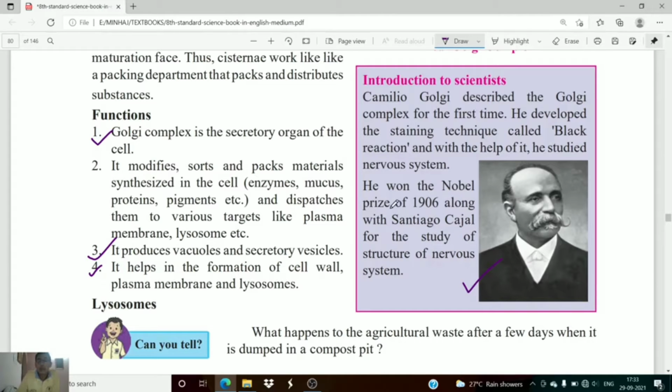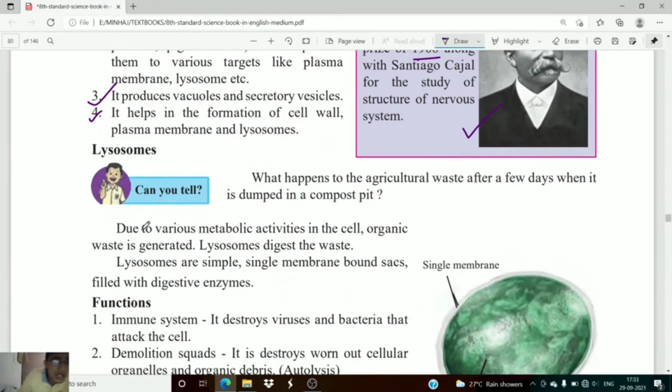He won the Nobel Prize of 1906 along with Santiago Cajal for the study of structure of the nervous system. So for his studies in the field of nervous system or neurology, he was awarded the Nobel Prize in the year 1906.